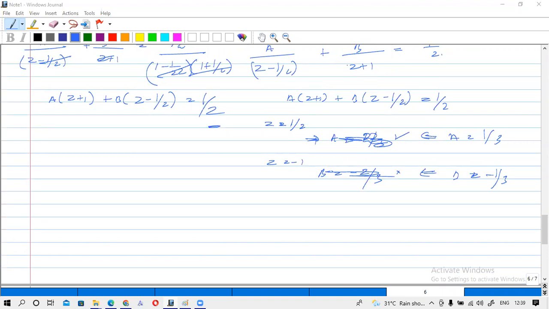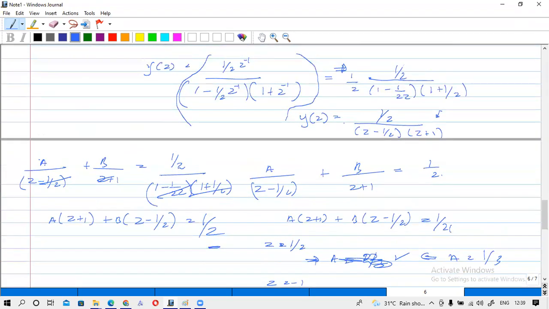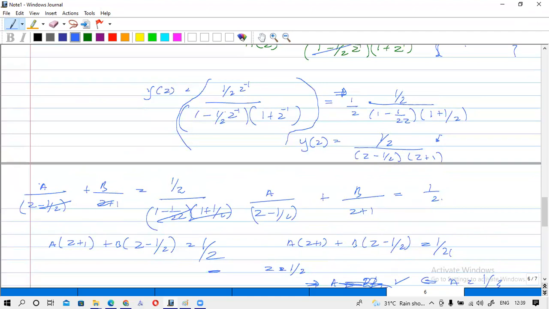Right side should not have z, no? There is no z here. The z we get here, this z I put here, so this term doesn't have a z value. If it has a z value, again you have to do a different way of partial fraction.